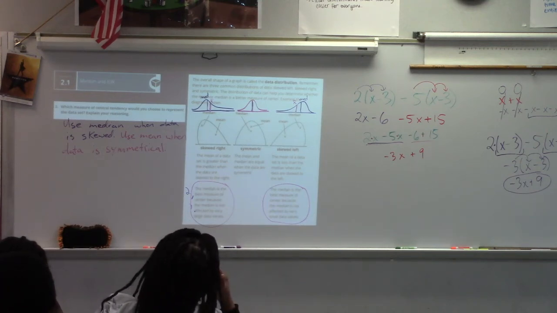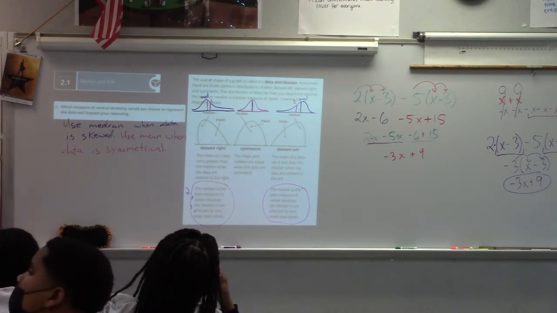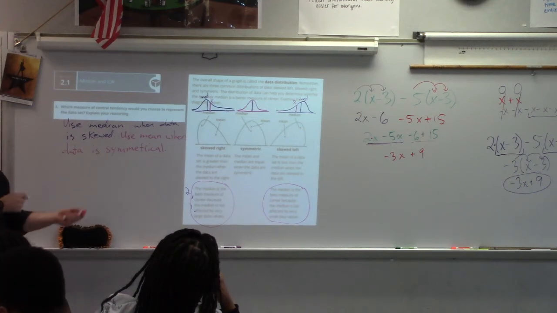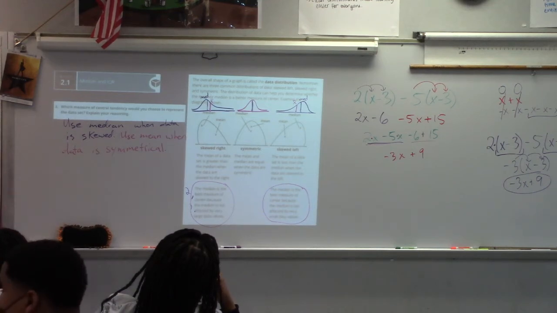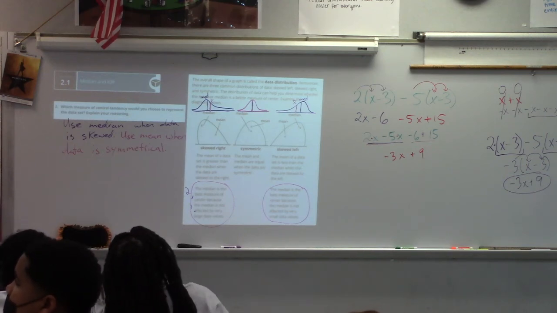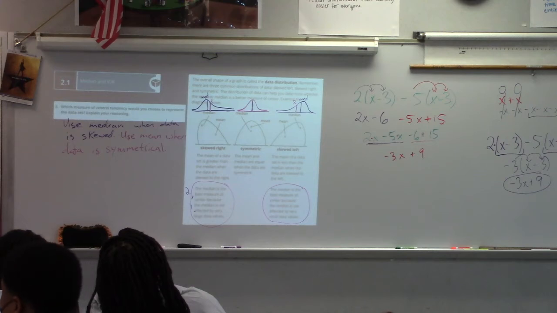Okay? But my question right now is then, which measure of central tendency would you choose to represent the data set when it comes to the Geom? Based on this information, which measure of central tendency should we use? Median? Why the median? Yeah, were the Geom hours skewed? Yeah, it was skewed right, so we're going to use the median.